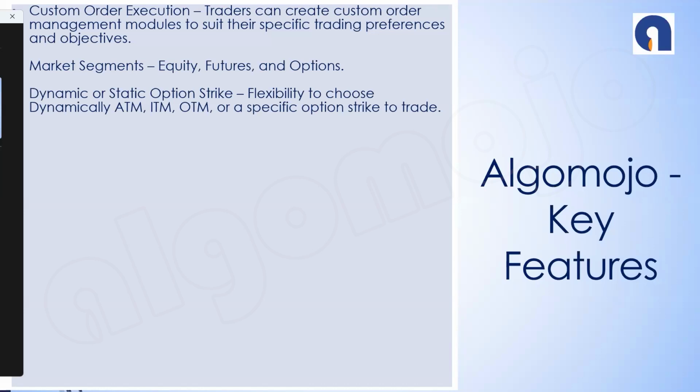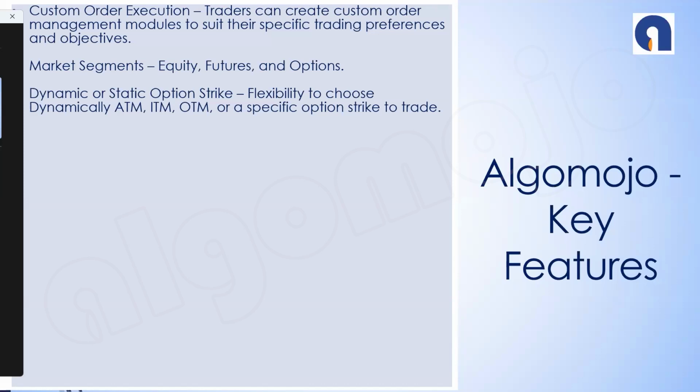For people who trade in options, you can set to trade dynamically using either ATM, OTM, or ITM. There is a choice to select up to 20 strikes in the money and 20 strikes out of the money. So if you want to trade, say, ITM 5 or OTM strike, whichever strike you would like for the day, you can customize it, and then the platform will take care of the execution.